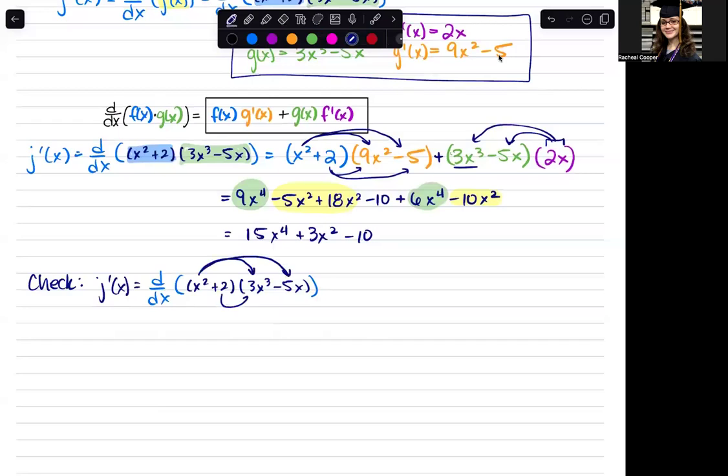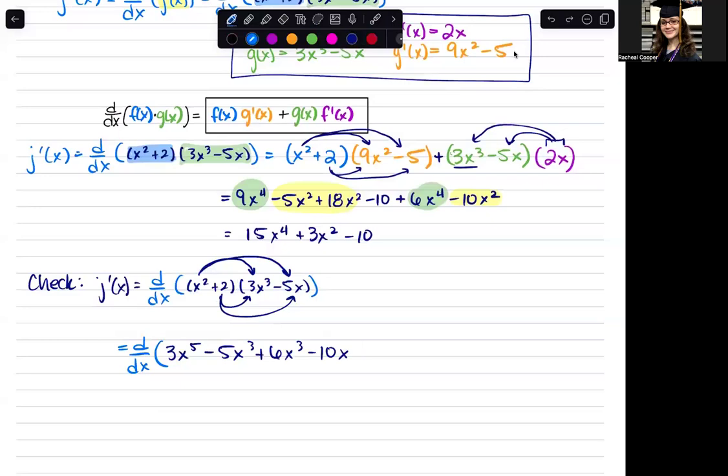When we do so, we're going to obtain a sum of 4 things that we might be able to combine. But in this case, instead of needing to assign f and g for the product rule, we are going to be able to just differentiate it using the power rule. So we have 3x to the fifth minus 5x to the third plus 6x cubed minus 10x.